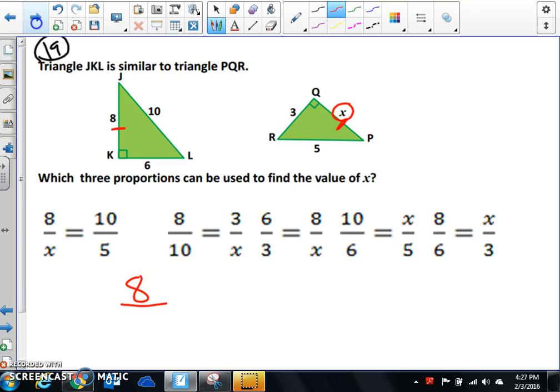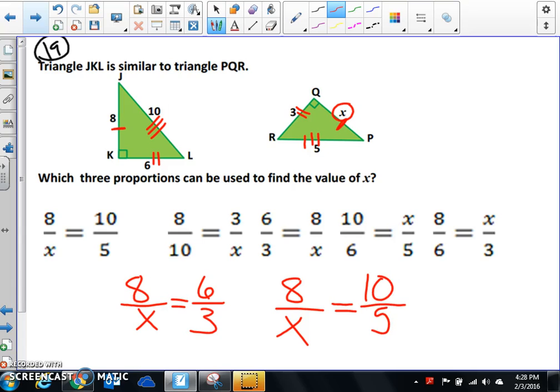So 8 over X has to be my first proportion. Then KL goes with QR. So I can use that proportion. I could use 6 over 3. Another thing, remember we always have to use the one with the X. So 8 over X. So another way that we could do this is using that other side, so the 10 and the 5.